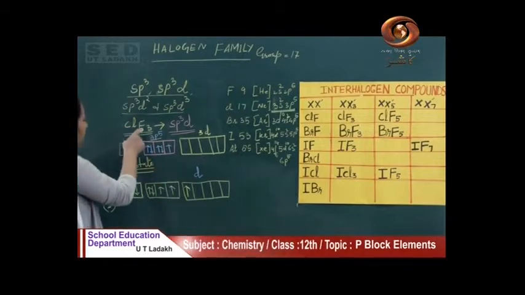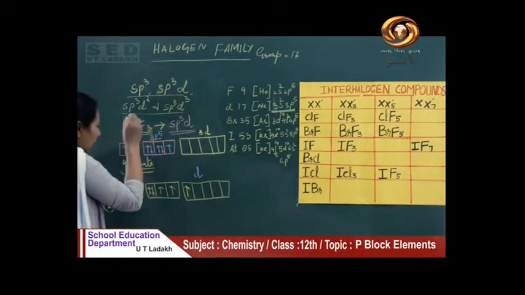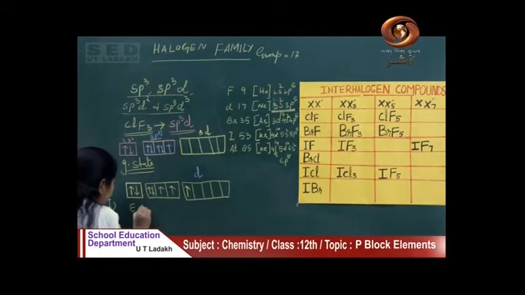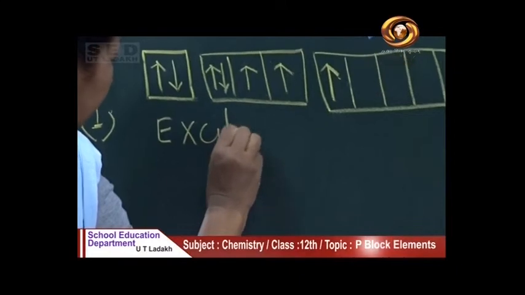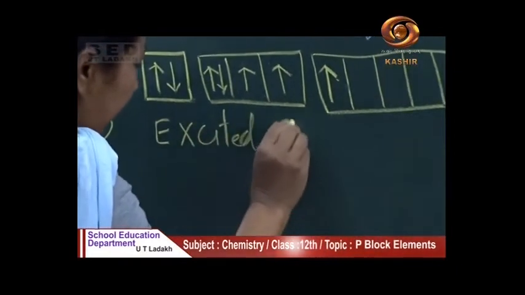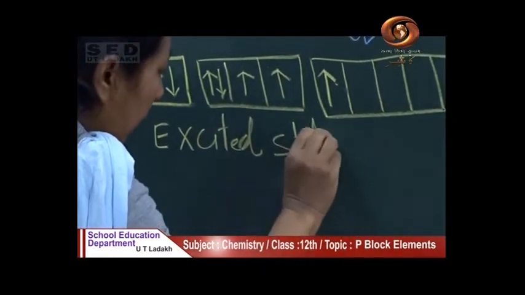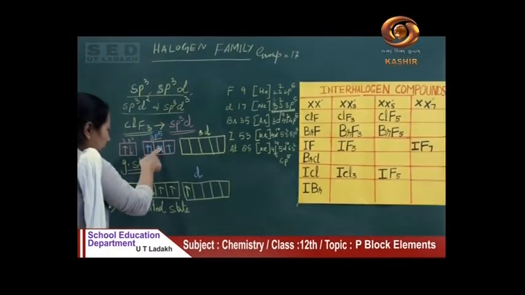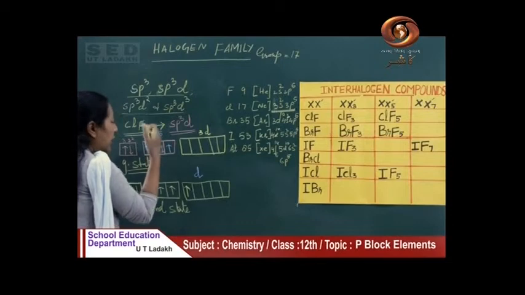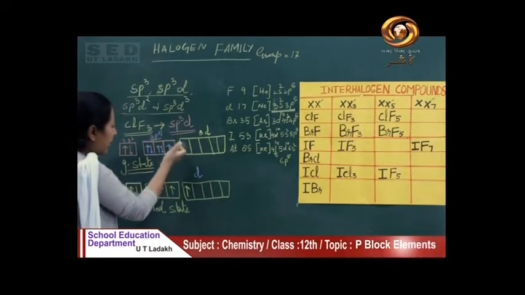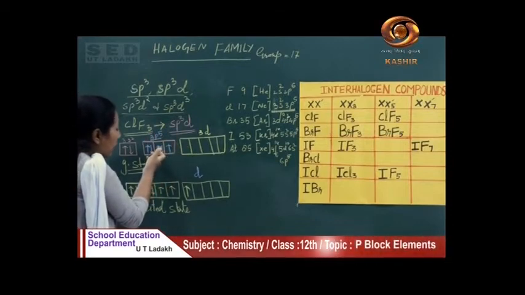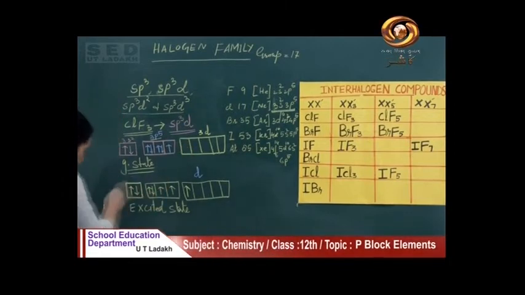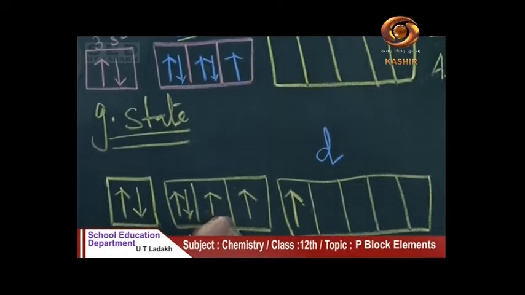We have an example, that is ClF3. This is the excited state. One electron jumps into the next higher orbital, and it remains unpaired.